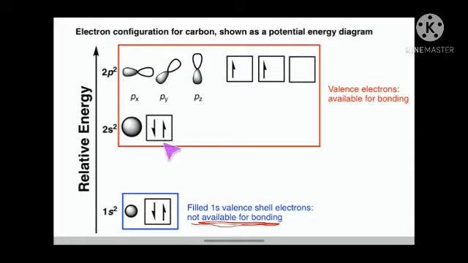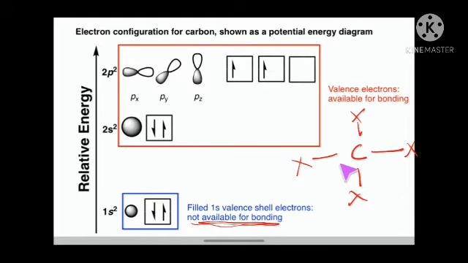So carbon could bond with 4 atoms, right? This is a carbon atom. It can bond with 4 atoms. But in this case, how does it work?